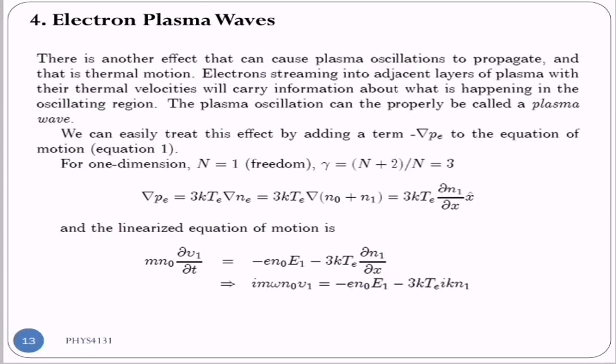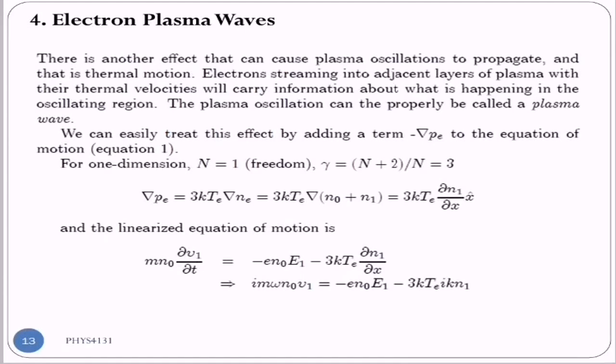Using all values and simplifying, we get del p_e is equal to 3 k T_e partial n_1 over partial x, and the linearized equation of motion is m n_0 partial v_1 over partial t is equal to minus e n_0 E_1 minus 3 k T_e partial n_1 over partial x.